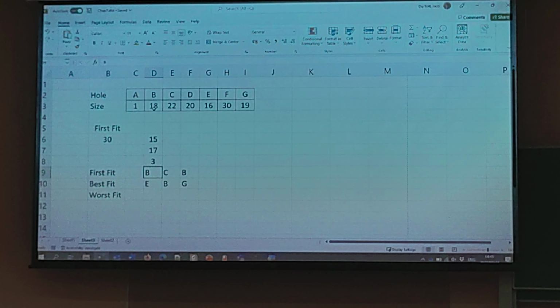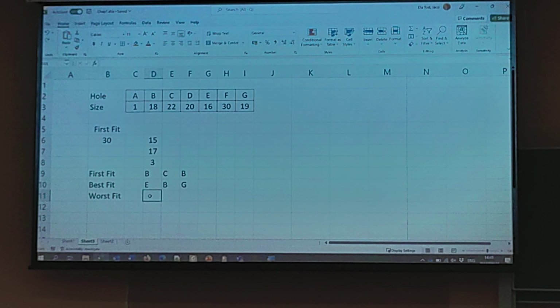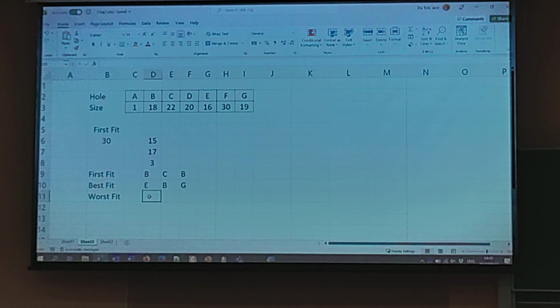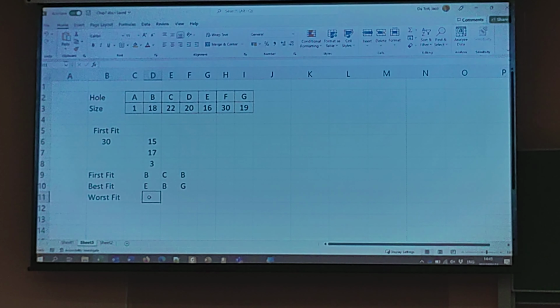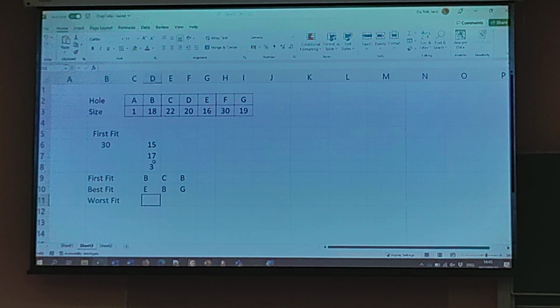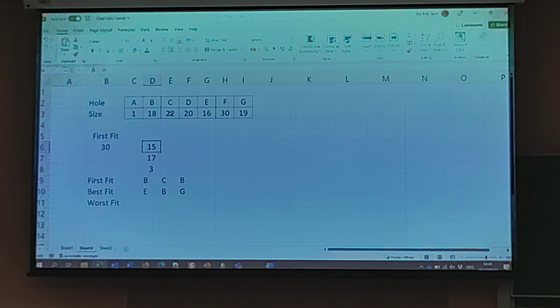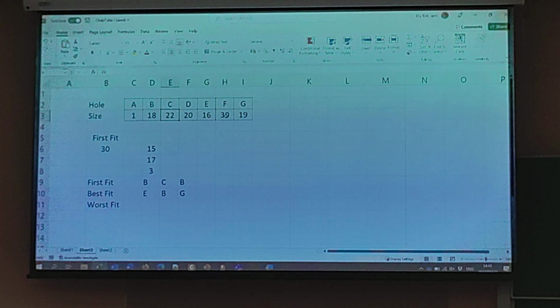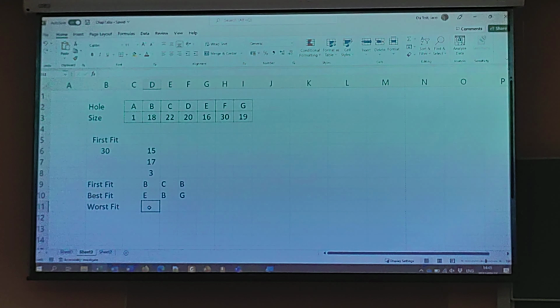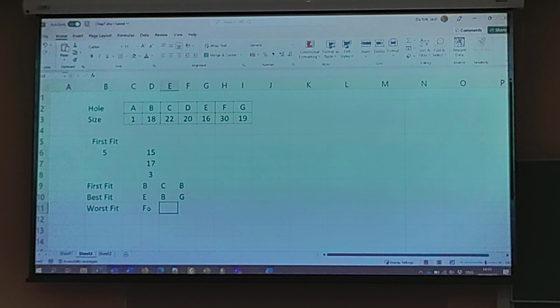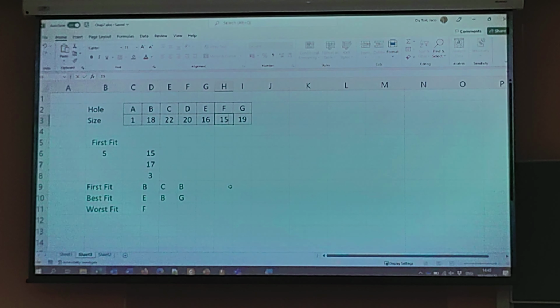Okay, right, let's go worst fit. Worst fit goes for everything. Select the hole, the biggest fit, left. F. So in this case, the request was for 15. F, so 13 minus 15 leaves 15 left.